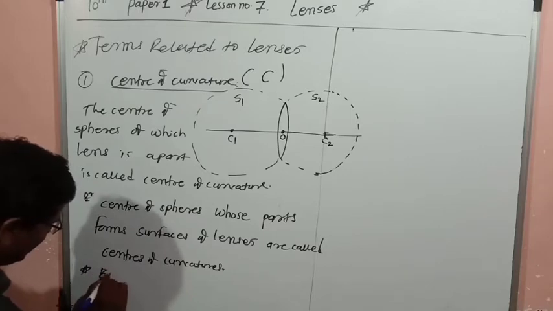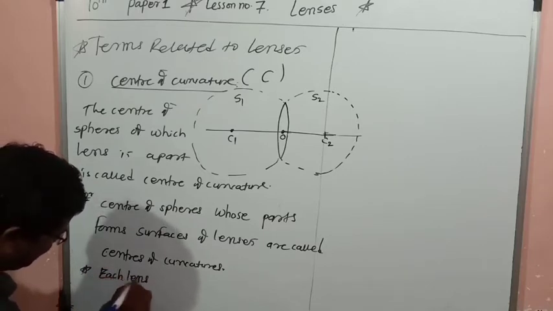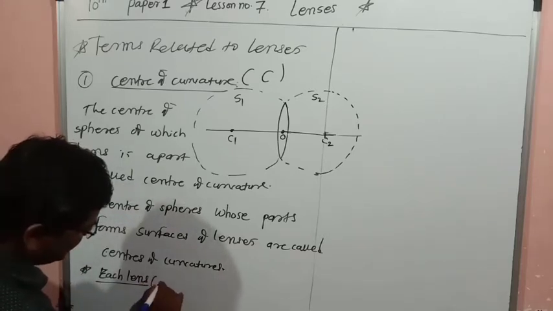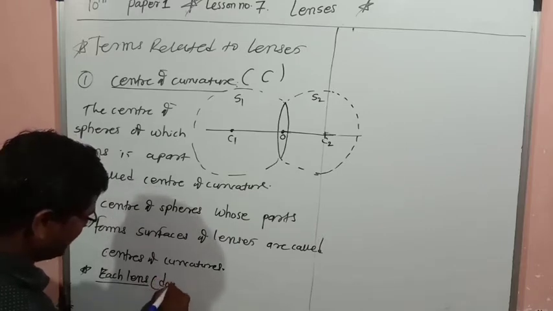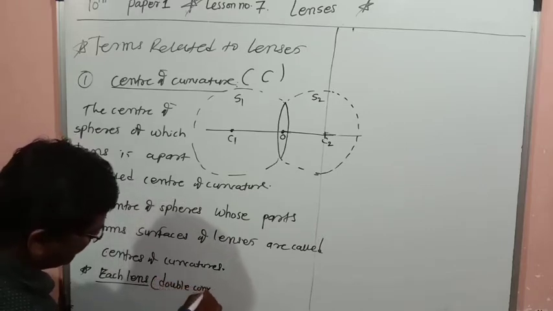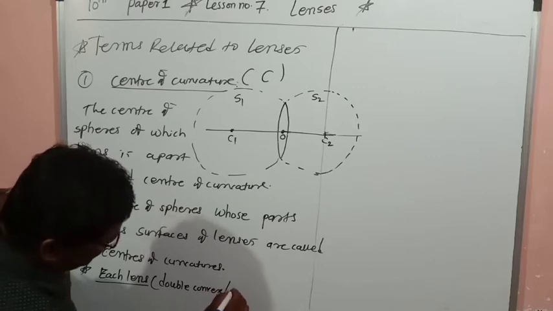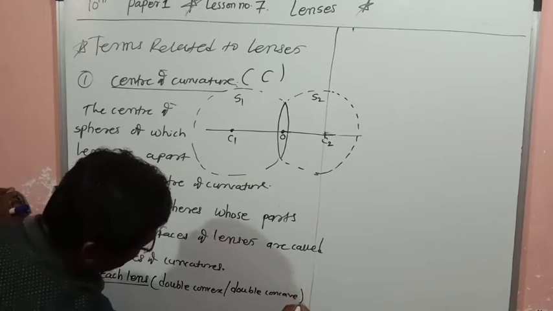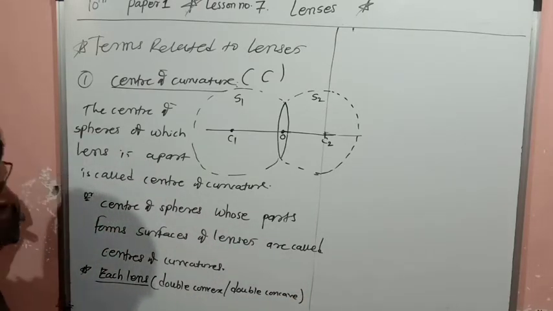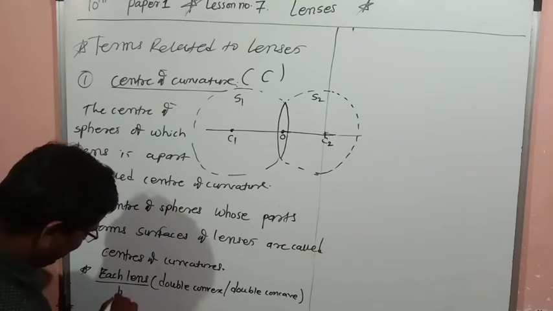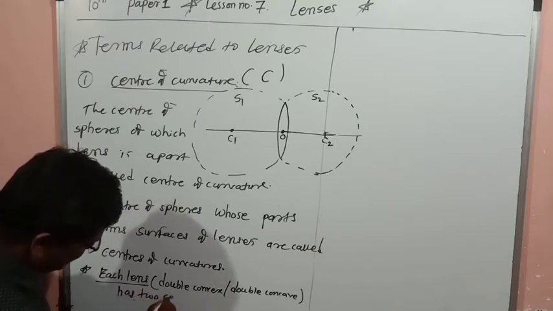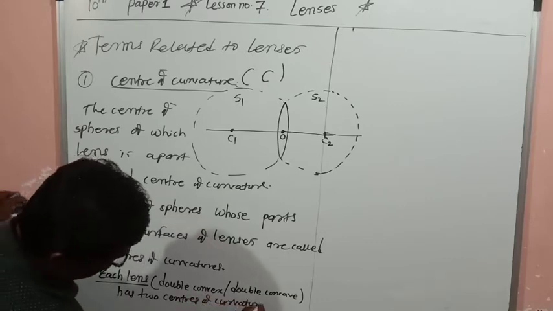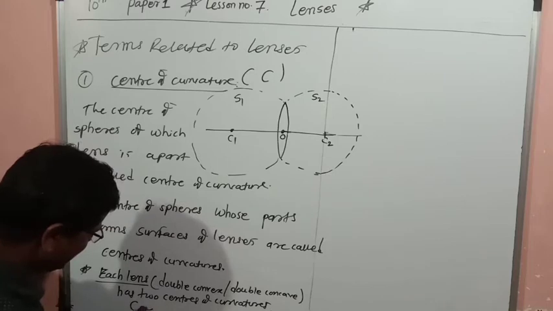Each lens, meaning double convex or double concave, has two centers of curvature, and these are C1 and C2.